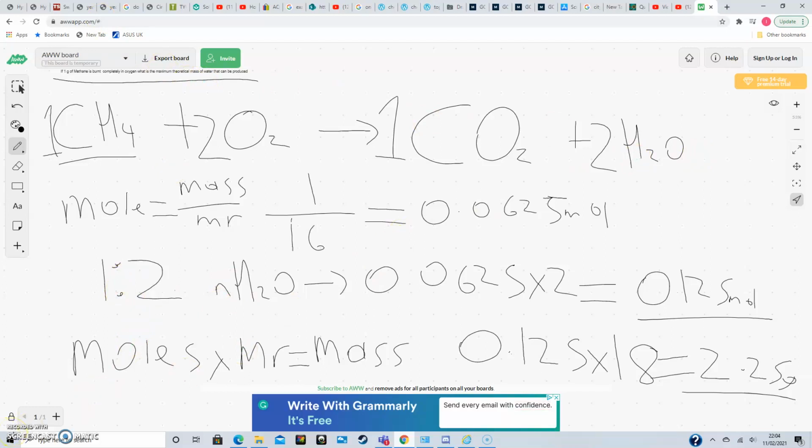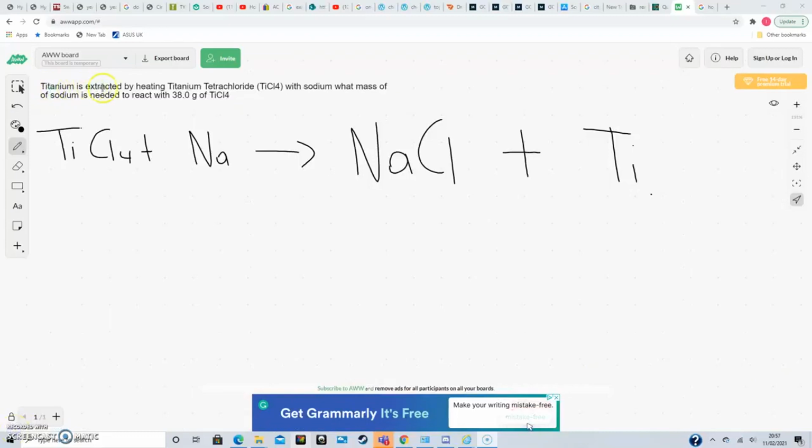Don't click off yet. Okay, so titanium is extracted by heating titanium tetrachloride, TiCl4, with sodium. What mass of sodium is needed to react with 38 grams of titanium tetrachloride? Okay, so first thing we want to do is balance the equation.